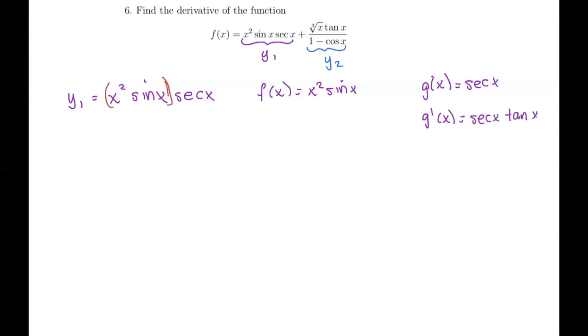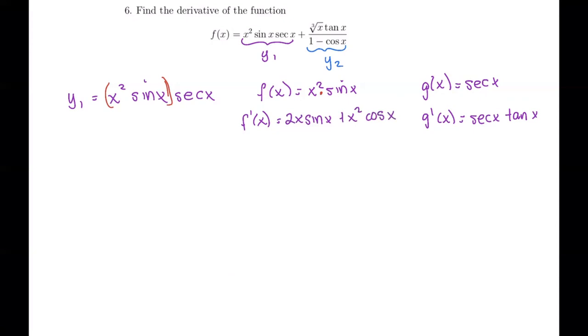Where people struggled was the derivative of f, because if you notice, f is another product. There's a product in there, and so the derivative of f, this is where we struggled, should have been 2x sine x plus x squared cosine x using the product rule.